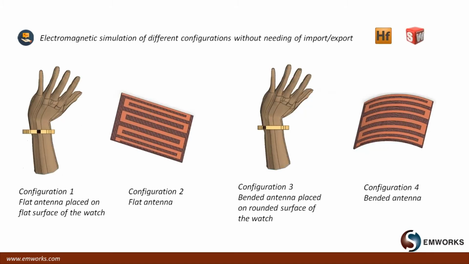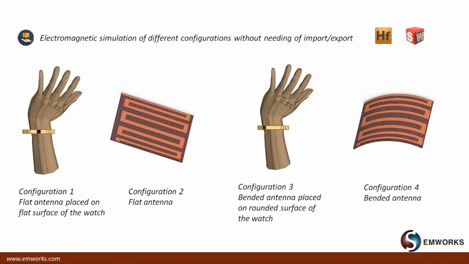I want to see how we can do this inside SOLIDWORKS, and so inside SOLIDWORKS we're going to show you how we can build these models and work with multiple configurations and do simulations and explore the antenna parameters of these alternative configurations and design approaches.